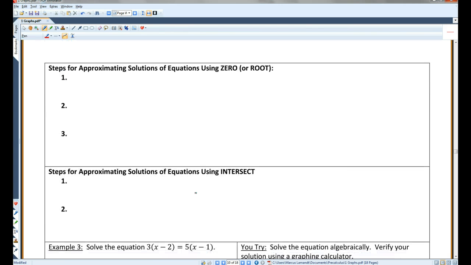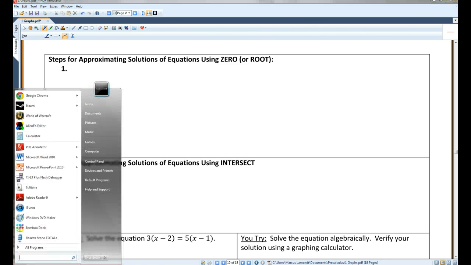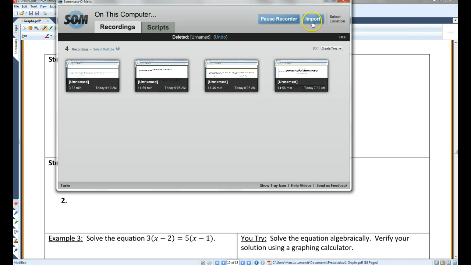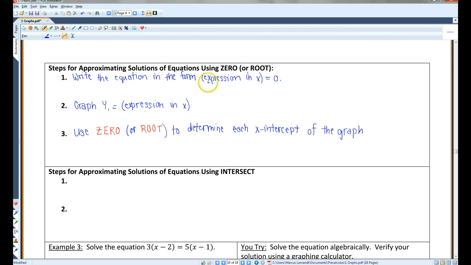Okay, so steps for approximating solutions of equations using 0. I'm just going to write out what we just did. First thing you want to do when you're solving problems like this, you want to set the equation equal to 0.